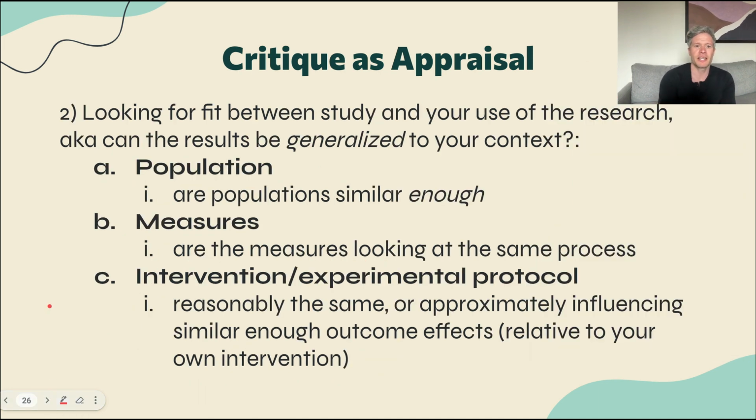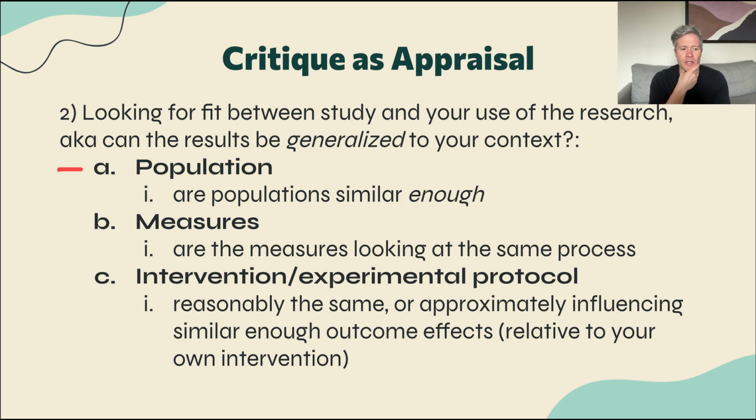Good. Next point, aside from looking at how aligned and how well the study actually performed what it intended to, we get to the next step as far as applying the study to your particular group. So for example, does the population studied in the study match with yours? And again, there's some flexibility here.